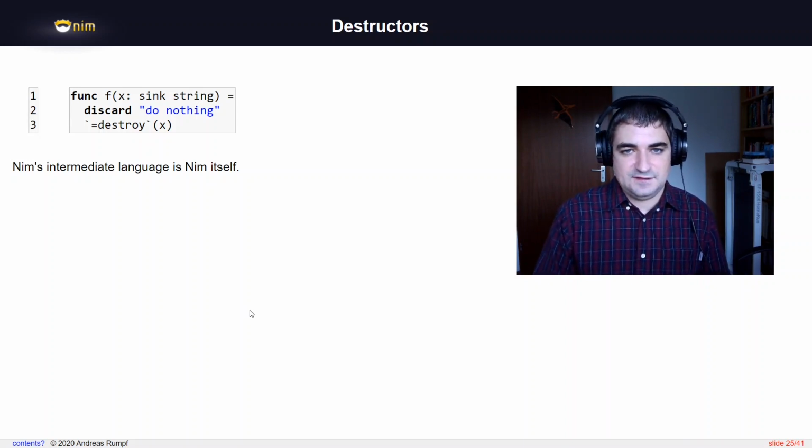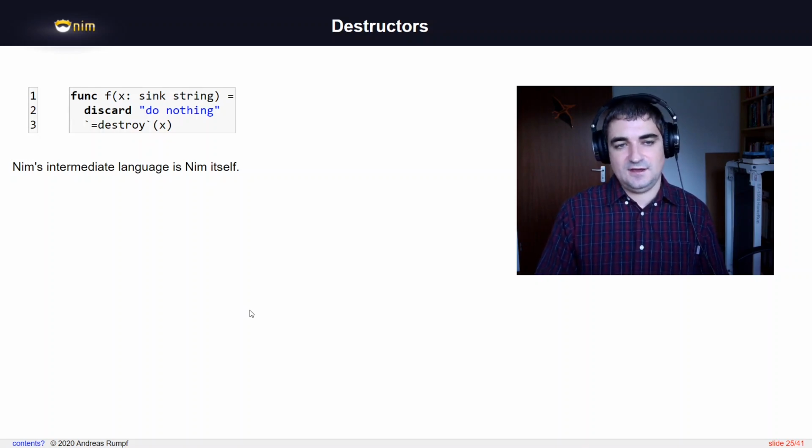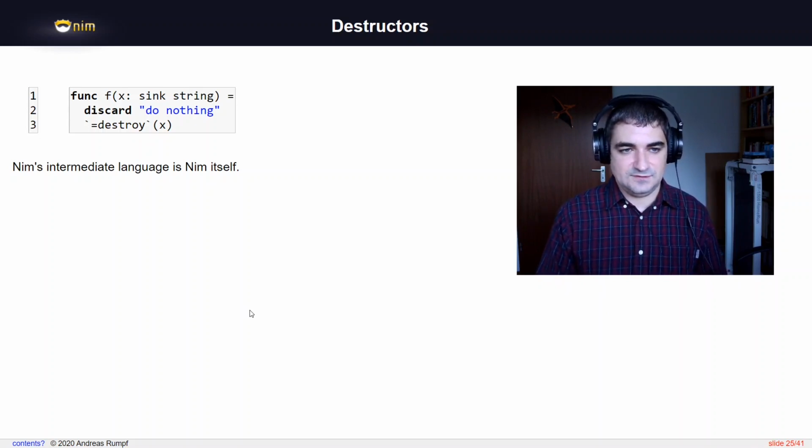And the lovely thing here is that Nim's intermediate language is Nim itself. And so with this expand arc command line, you can really understand well what's going on behind your back if you want to reason about the efficiency of your program. It's much easier to read this Nim IR than reading the assembly code.